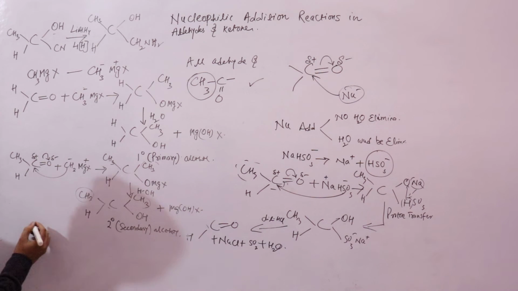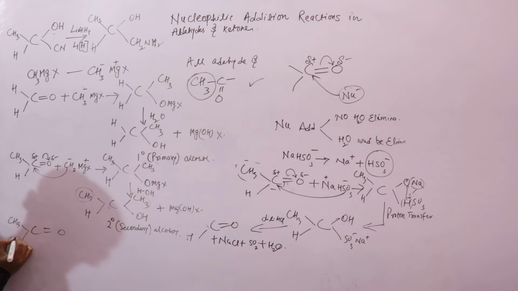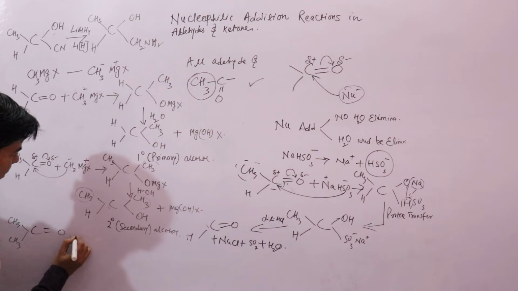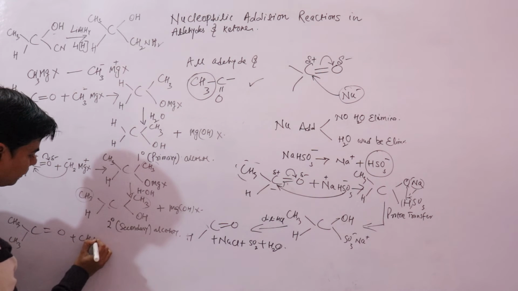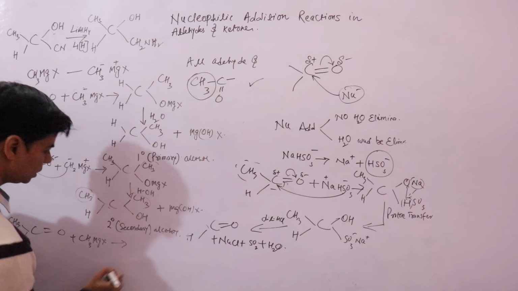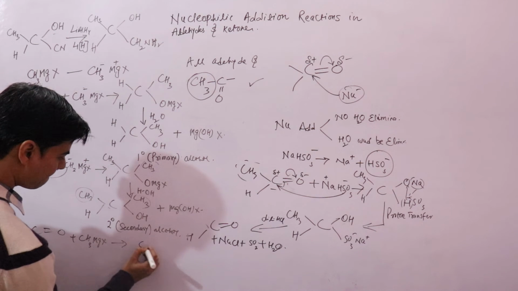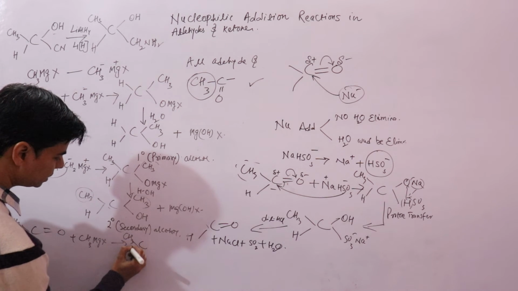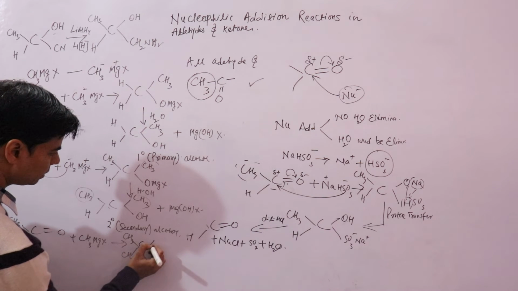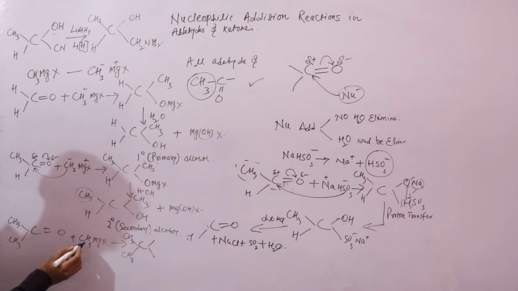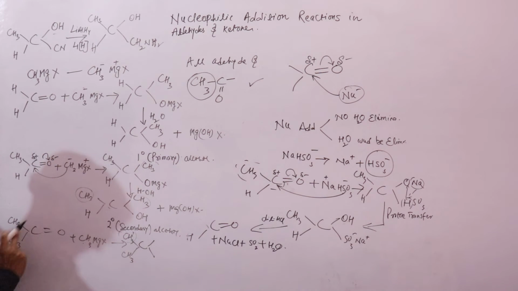Now if we take acetone, with acetone it will give us a 3 degree alcohol. Two CH3 are from this acetone.